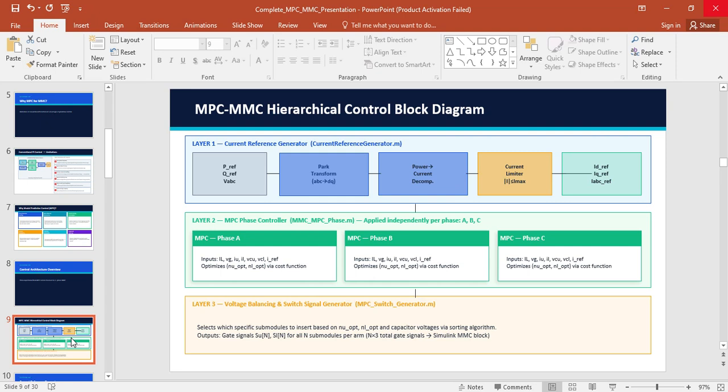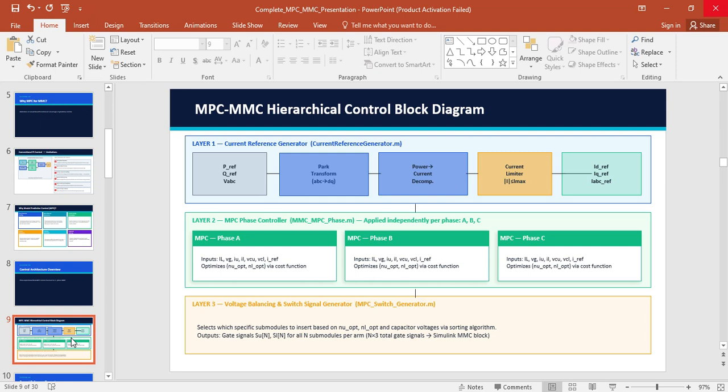So NU opt and NL opt are basically the modulating signals that will go into the voltage balancing algorithm. We have three phases, so each phase will have these inputs, right?